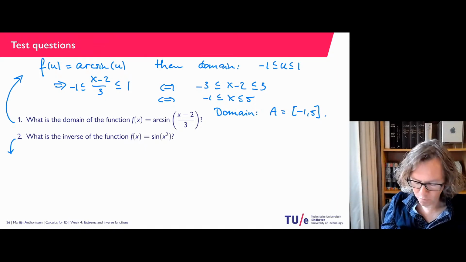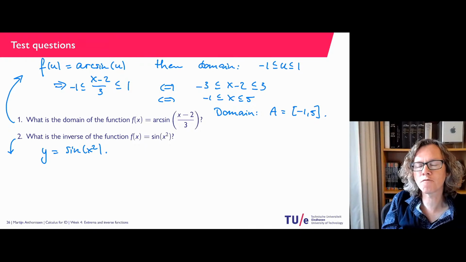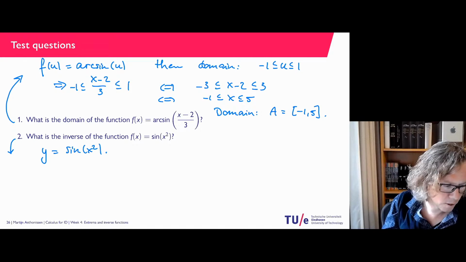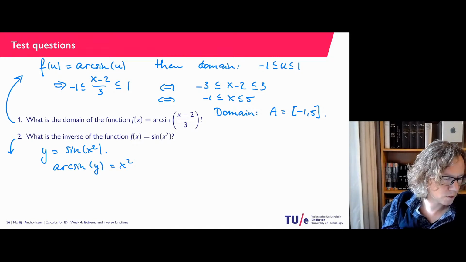So the trick that we did before: y equals sine x squared, apply the arcsine, and for now we're going to assume that we're in the domain and we don't have to worry about that. So arcsine y equals x squared.